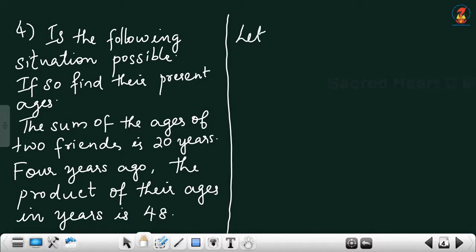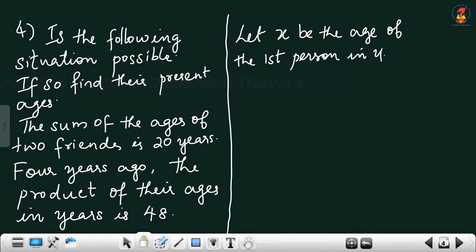So, let x be the age of the first person in years. So, if x is the age of the first person, that is actually the present age of the first person in years.